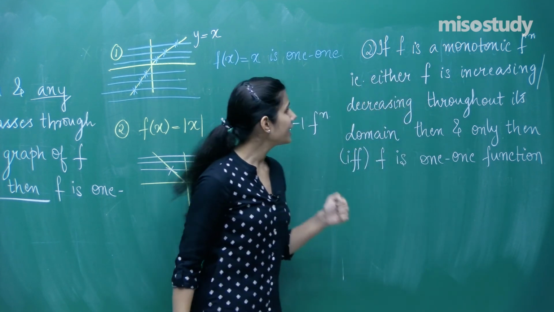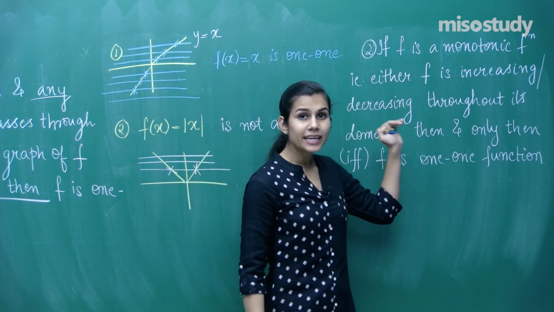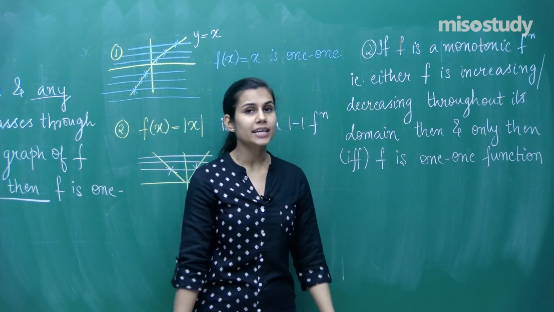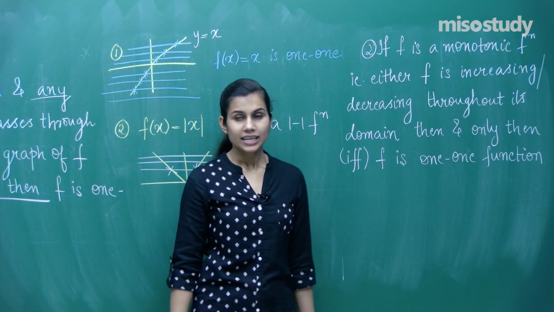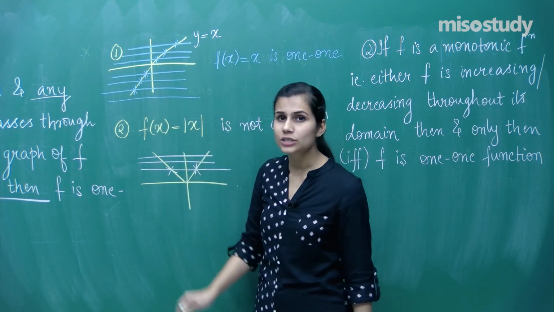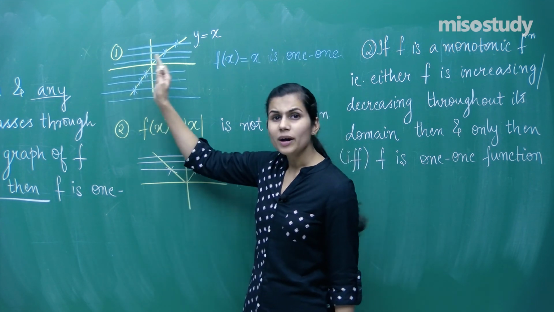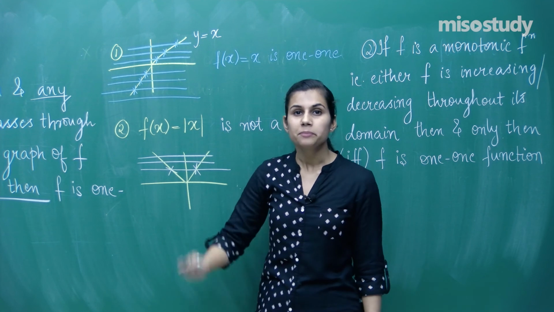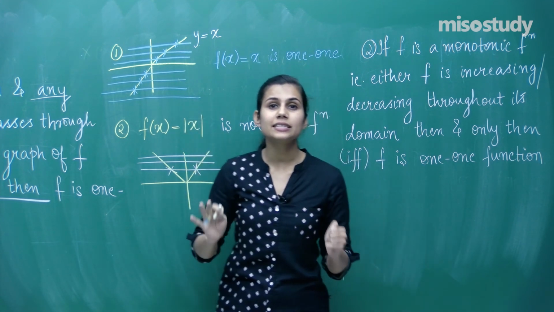By monotonic, I mean f should be always increasing throughout its domain or always decreasing throughout its domain. If you look at the identity function, it is increasing throughout its domain. If x1 is less than x2, f(x1) is less than f(x2). That means your function is increasing throughout.